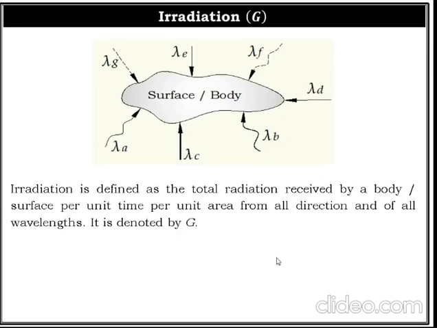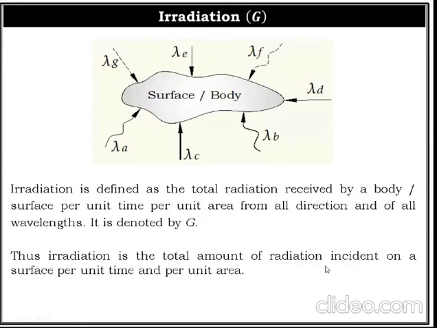It is not only the radiation received by any surface per unit time per unit area, but in all directions as well as all wavelengths, and that total radiation received by the surface is denoted by capital G, that is irradiation. Remember, it is in all directions as well as having all kinds of wavelengths.